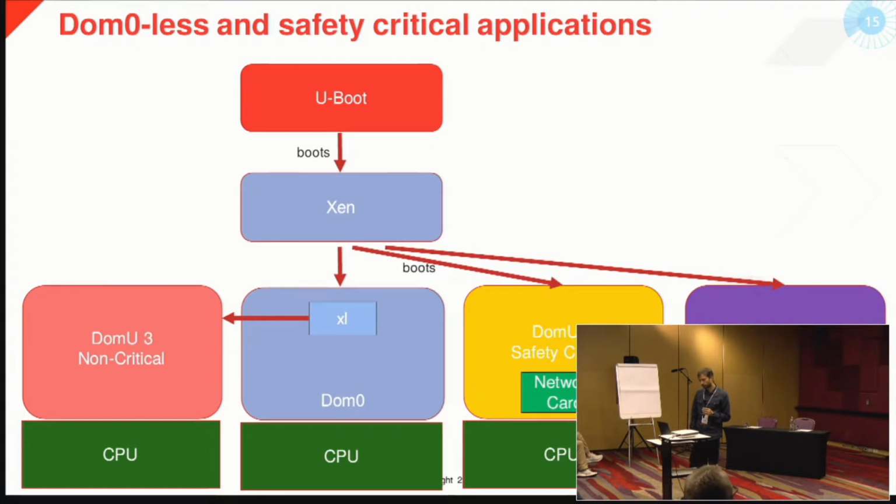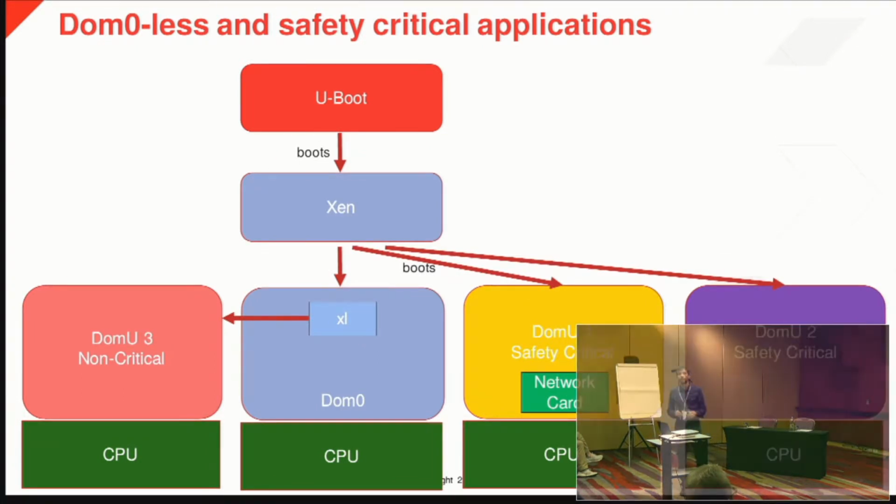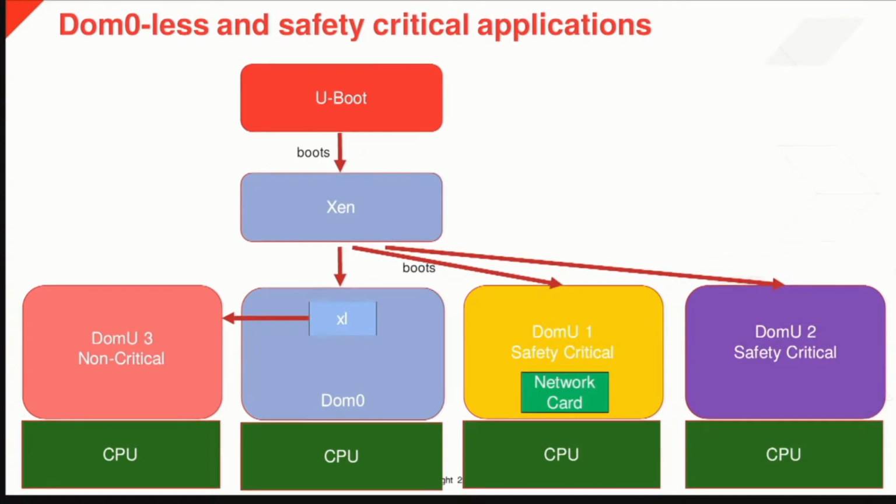All right, so that was a consideration regarding safety criticality. DOM0-less VMs are a great match for your real-time critical apps, because they start faster, they are independent from DOM0, and then you can still have DOM0, at least during boot, to start more VMs, but the DOM0-less critical VMs are out of the way.